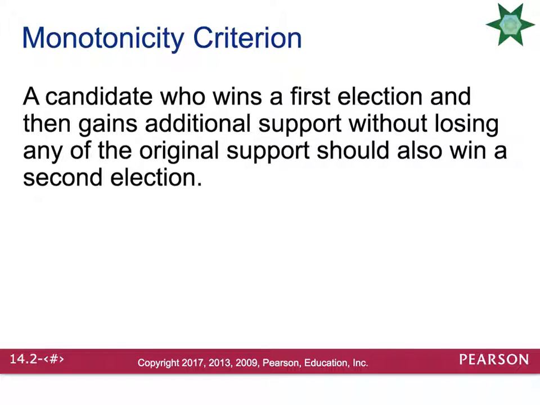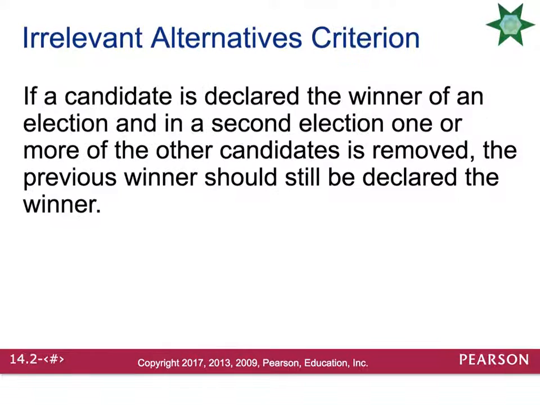And if this happens, this is a very strange flaw. It is called the monotonicity flaw. You'll see this a lot in the plurality with elimination voting method. So just be on the lookout for that. It is possible for the winner of the first election to gain additional support before the second election and then lose. And if that happens, then that's a flaw of the voting method.